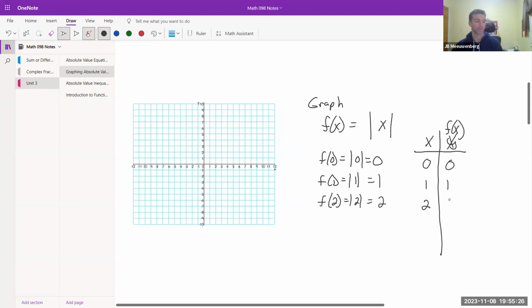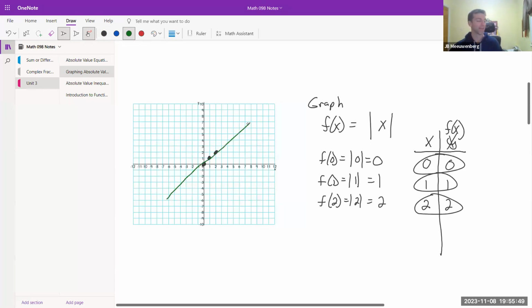So we have really the same numbers so far. So if I start plotting these points, I have 0, 0, 1, 1, and 2, 2. So you might initially think, oh, this is just this line that goes, that's really awful. I told you I was bad at it.